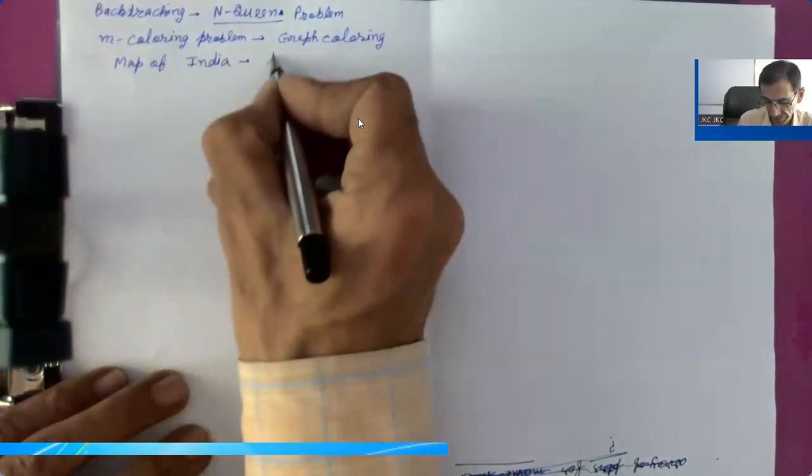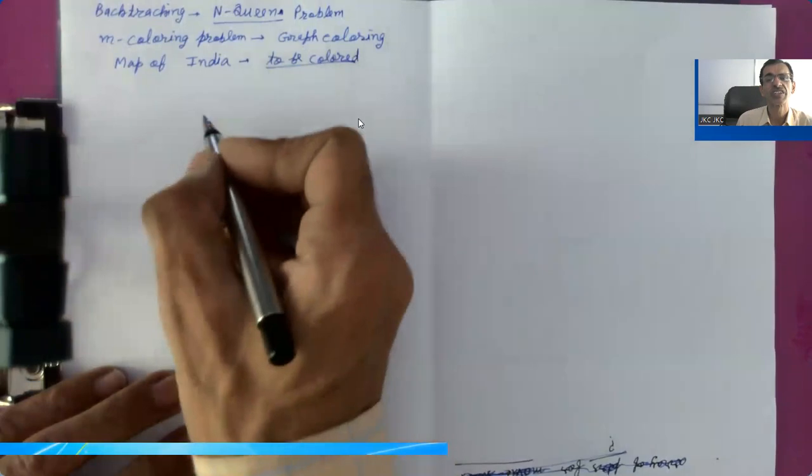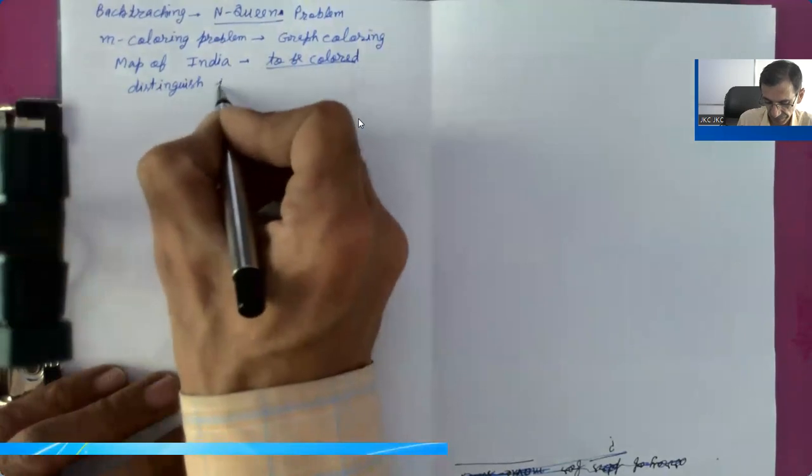Effectively, let's say I have a map of India or a map of the world, and I want the map to be colored. You must have seen a colored map in your school days. What was the reason for coloring? I'm sure you have observed that the aim was to distinguish or clearly identify between different states.